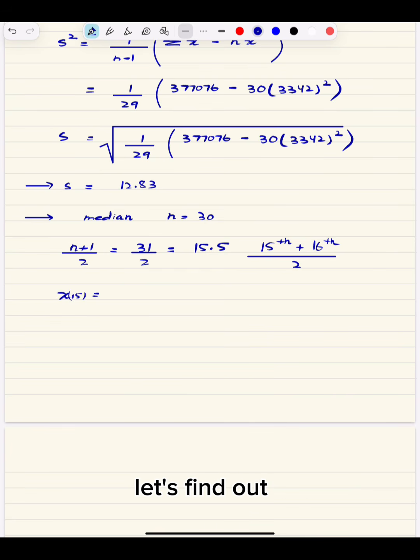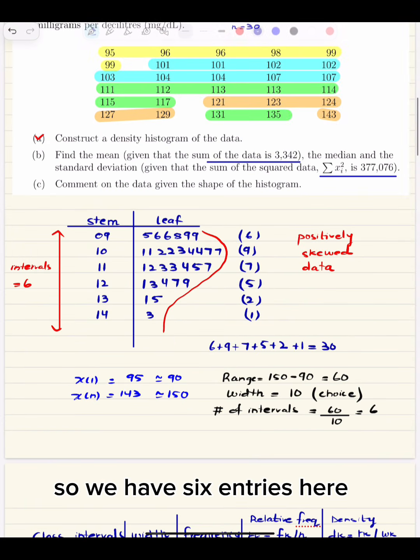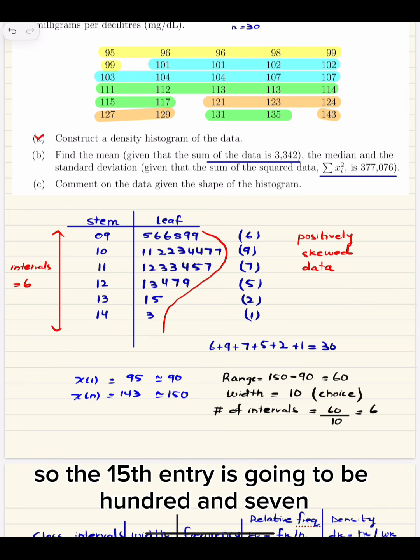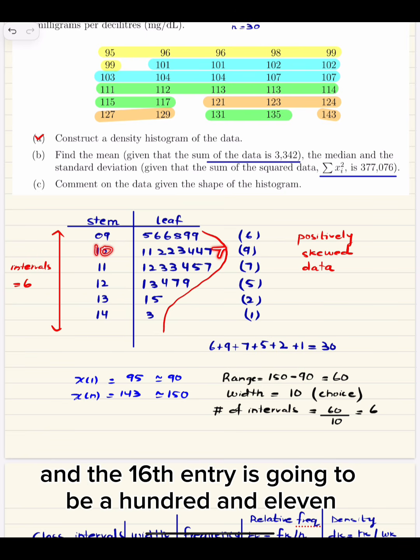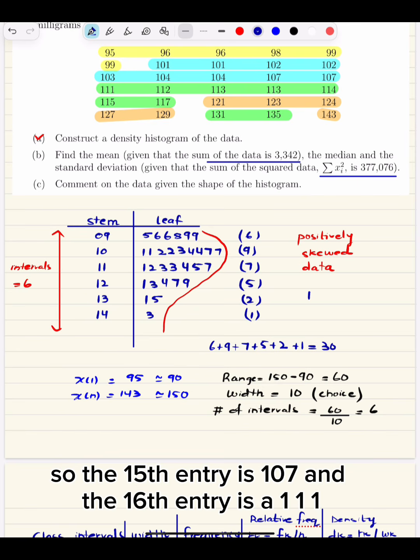Let's find out. Let's look at the stem and leaf for this. So we have 6 entries here, 9, so 15. This makes a total of 15. So the 15th entry is going to be 107, and the 16th entry is going to be 111. Okay, so the 15th entry is 107, and the 16th entry is 111.